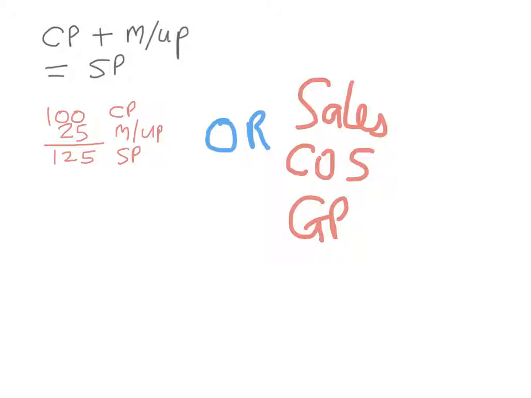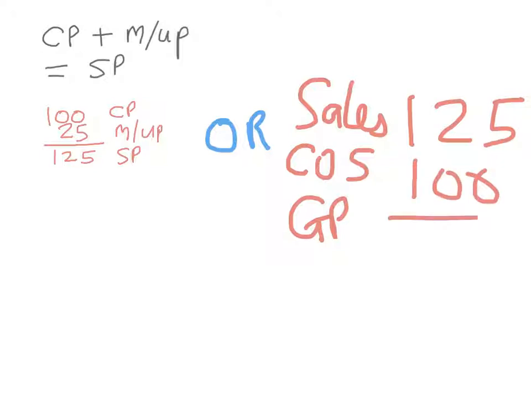shown differently in a format that you are very familiar with, where we have sales of 125 based on the figures in the example I've used, cost of sales of 100, and giving you a gross profit of 25.